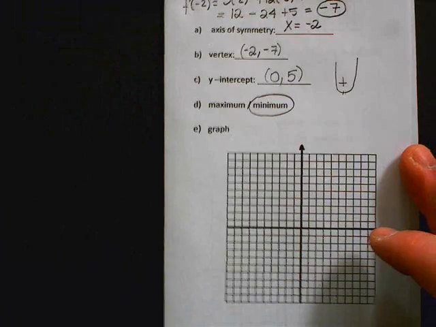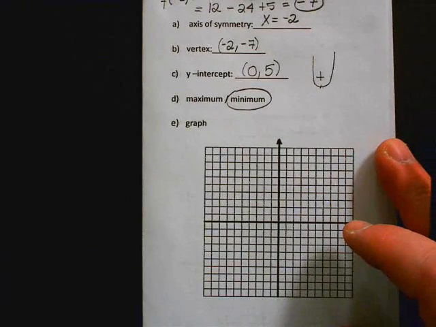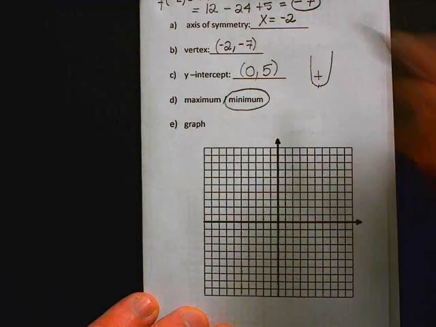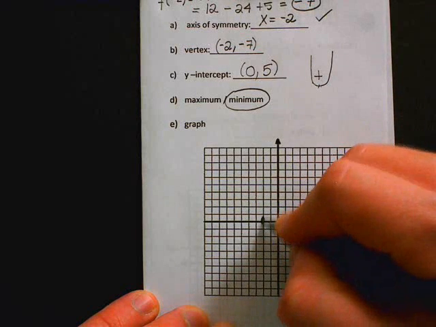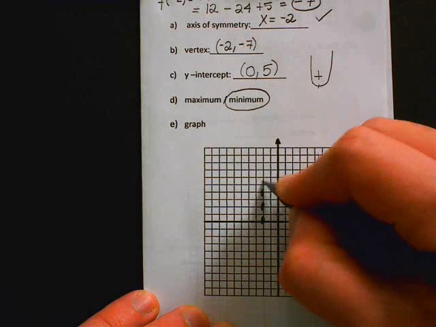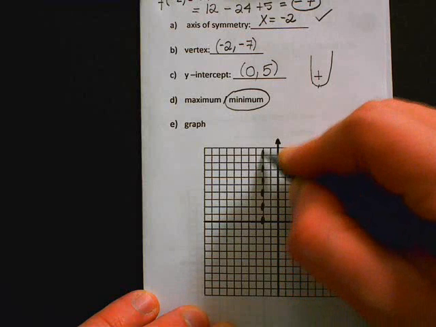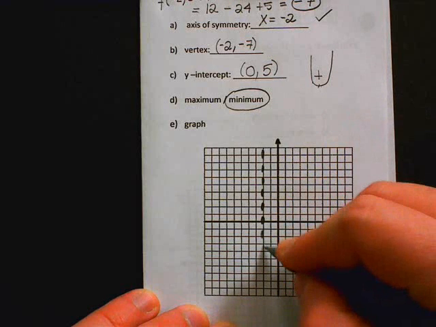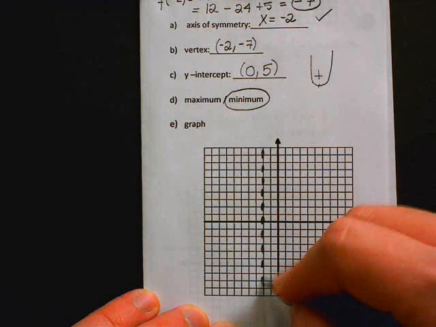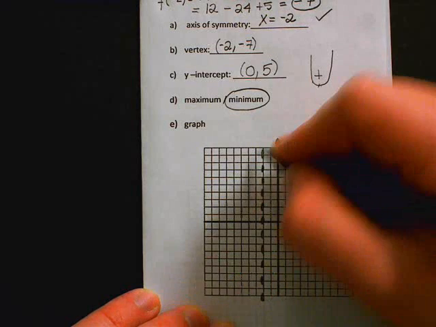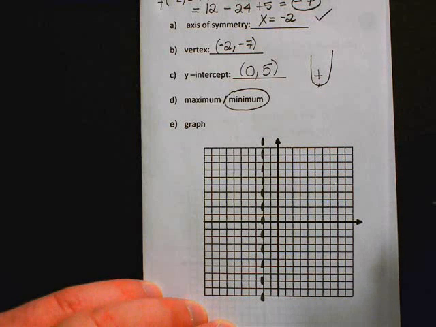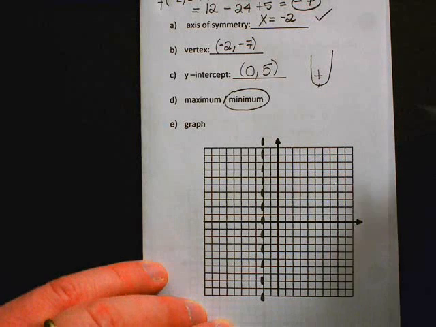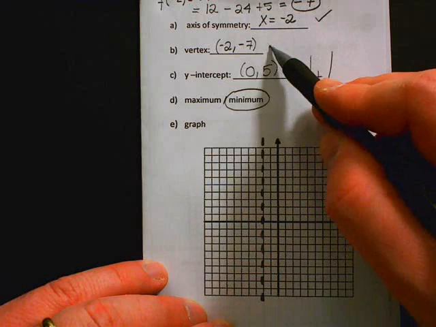Alright, so we're going to start with the axis of symmetry. The axis of symmetry is -2, so we come over here and we draw our axis of symmetry. Alright, very well. Now that we have our axis of symmetry, let's go ahead and do the vertex, which is -2, -7.